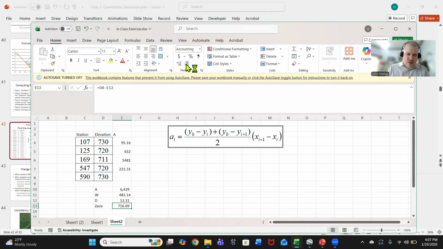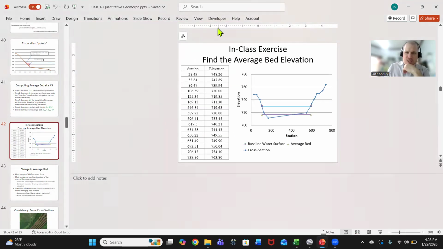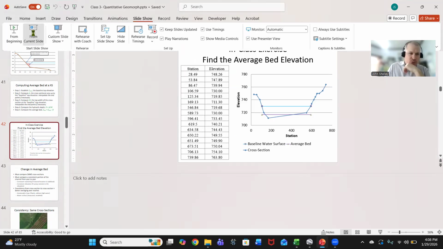So this is the average bed elevation. It's typical to report elevations to 2 decimal places, but carry the rest of the decimals through your computations, and then at the end you can round it to 2 decimals. Okay. So hopefully that is also what you got, and we will continue.